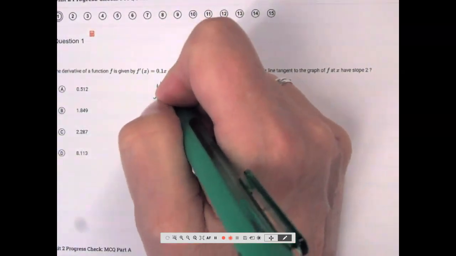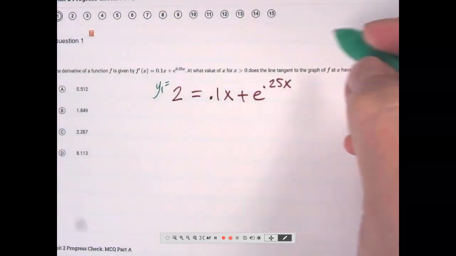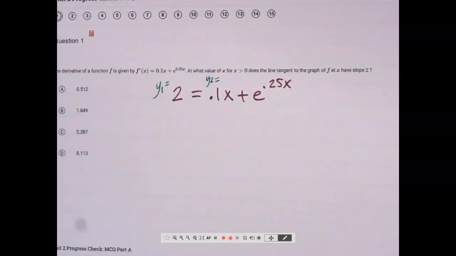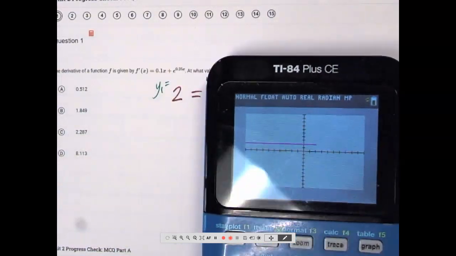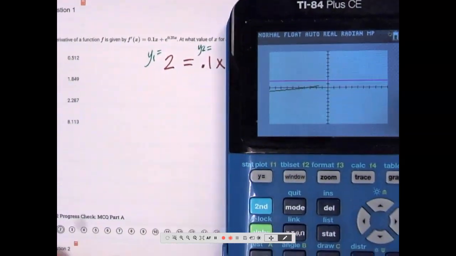So go to your calculator, let's make this y1, just y equals 2, and then make this one y2, so that you're setting up two equations, one for each side of the equation. And this is what my graph looks like.